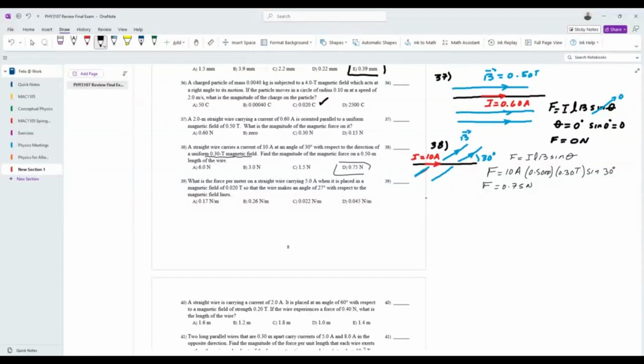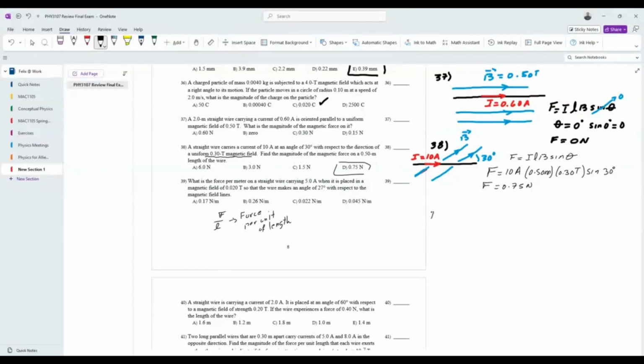When they say force per meter, they ask you for F over L. This is force per unit of length. So they say, what is the force per meter on a straight wire carrying 5 amperes when it's placed in a magnetic field of 0.020 Tesla, so that the wire makes an angle of 27 degrees with respect to the magnetic field lines?